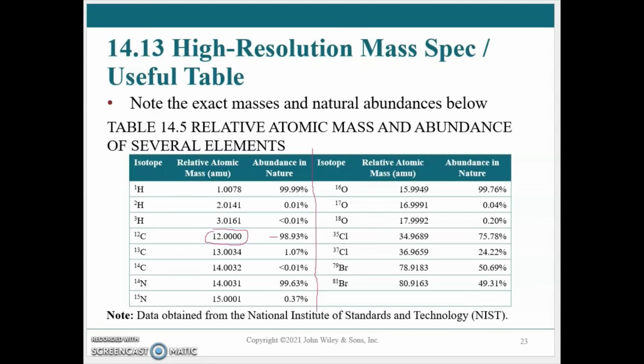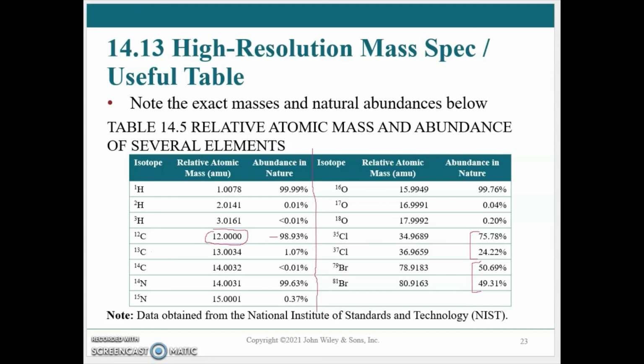Chlorine isotope, our 3 to 1 ratio in our chlorine isotope, our roughly 1 to 1 ratio in our bromine isotope. But determining mass to this level of precision means that only certain atoms can sum to give us this value.